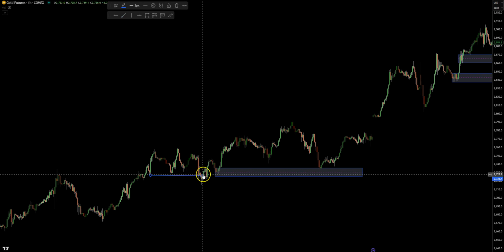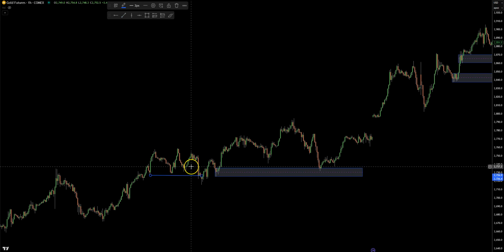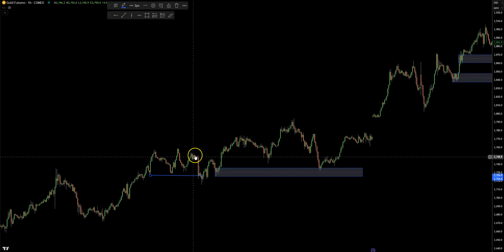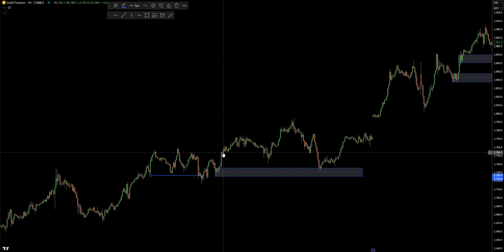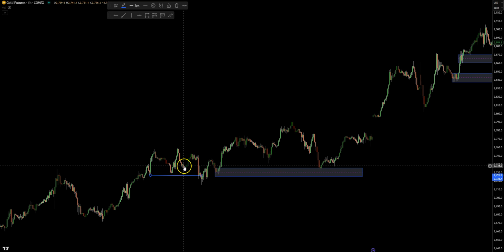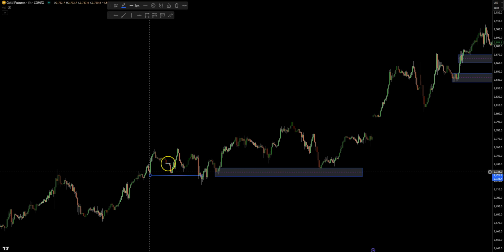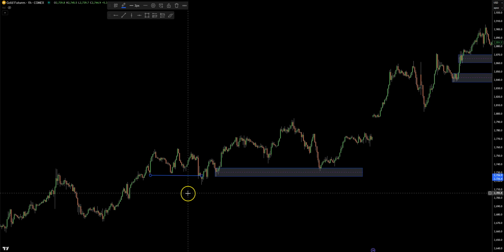This one break of these little structures here doesn't, in my mind, tell me a trend change yet. It could be the start of it, but I have some very specific rules on when the close and break of structure identifies a trend change. So at this point, my brain is still thinking long based on this chart.